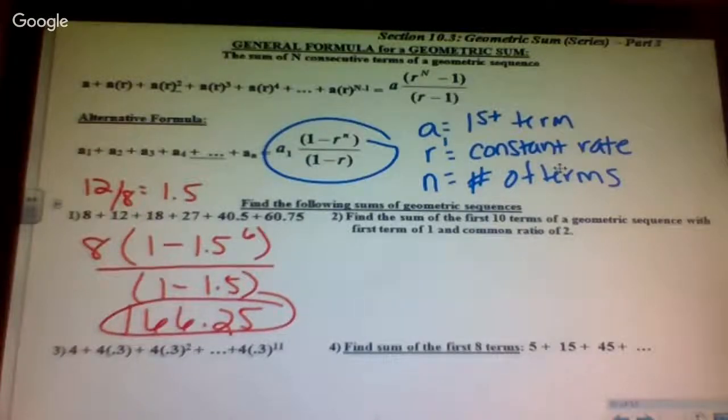Find the sum of the first 100 terms with the first term of 1 and the common ratio of 2.